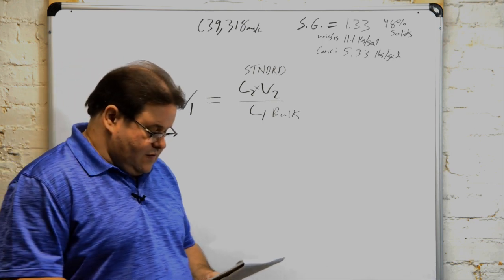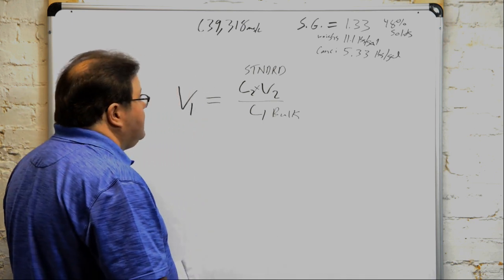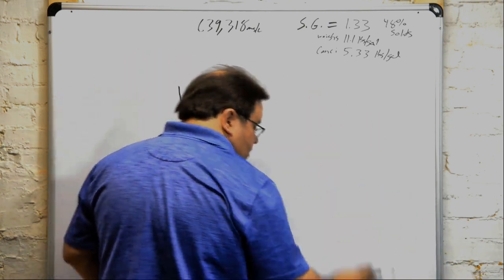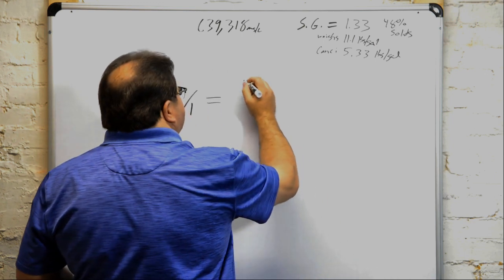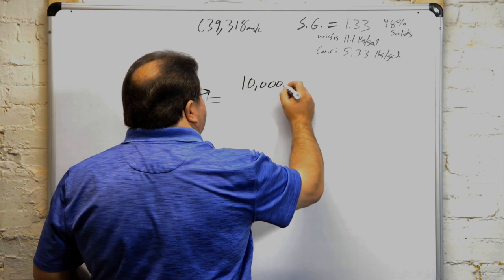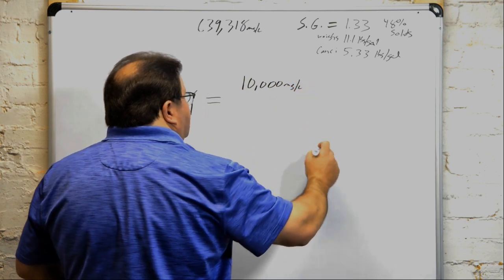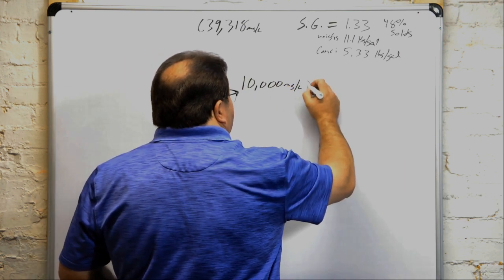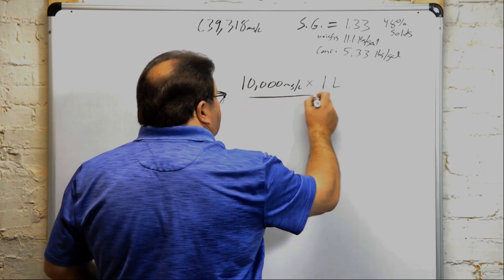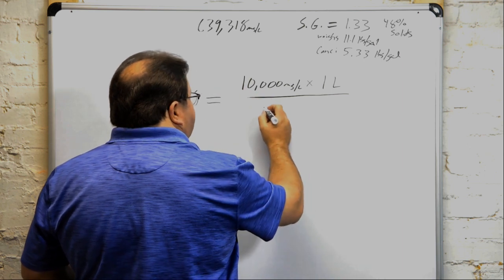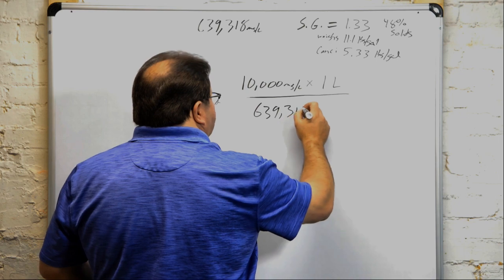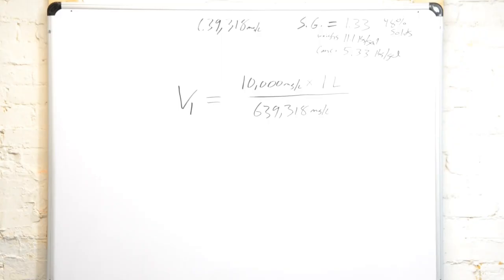All right, so let me erase this. Our concentration that we're trying to get, that's on top, that's our standard. It's going to be 10,000 milligrams per liter, right? We're going to have 1 liter. And the concentration of our bulk solution is 639,318 milligrams.